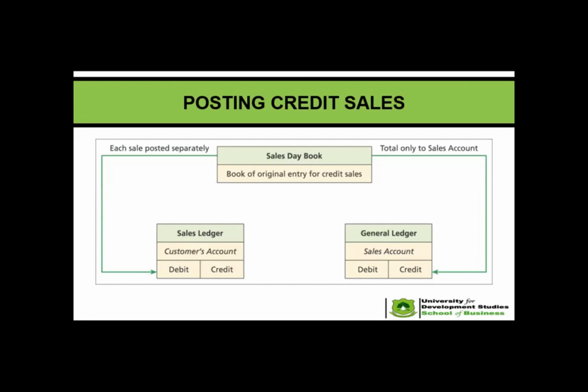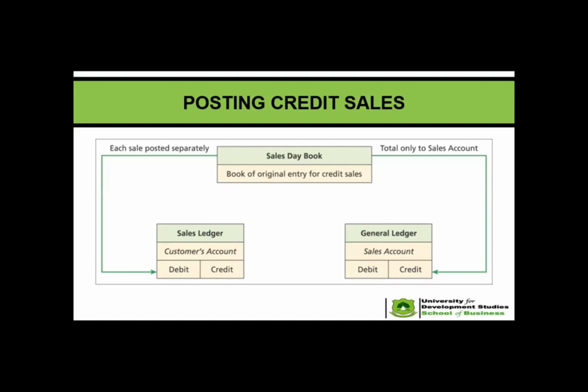Now, when you write the sales journal, at the end of the day, you post the total transaction into the sales account in the general ledger. That's number one. The total of whatever you have in the sales journal is posted to the general ledger. Then you come to the sales ledger.